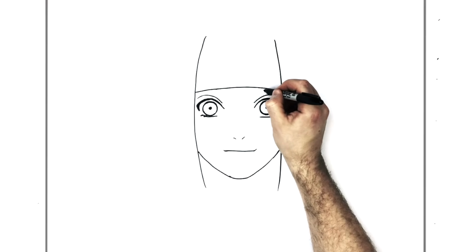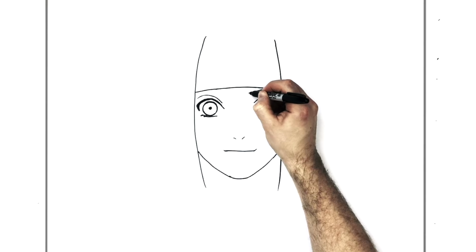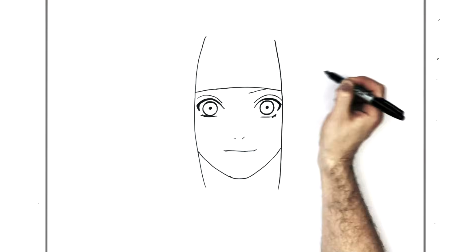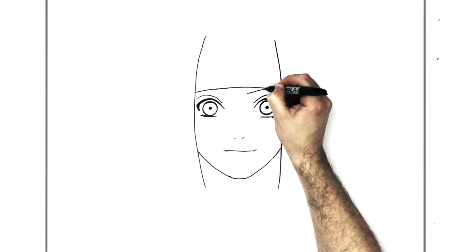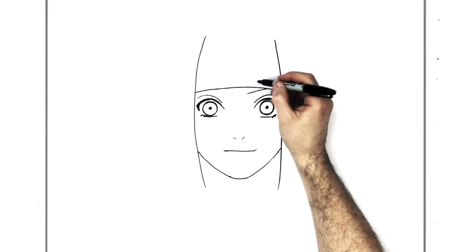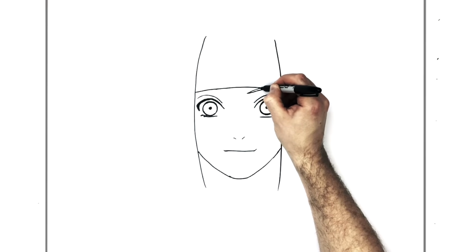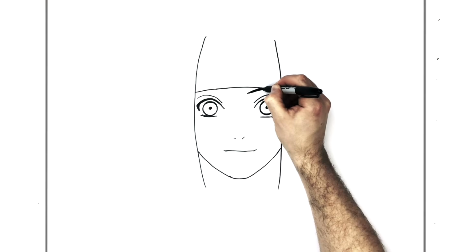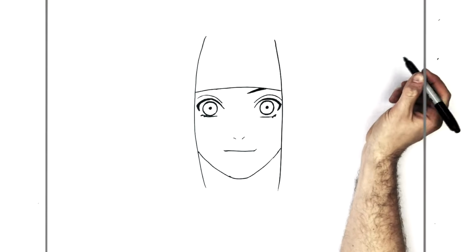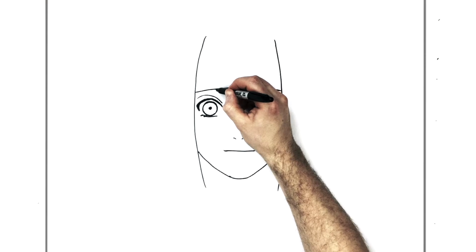And then we can add some sort of eyebrow lines just here, coming out from underneath her headband. And I think they're black, so you can color them in, so make them relatively thick just inside. And another one just out here.